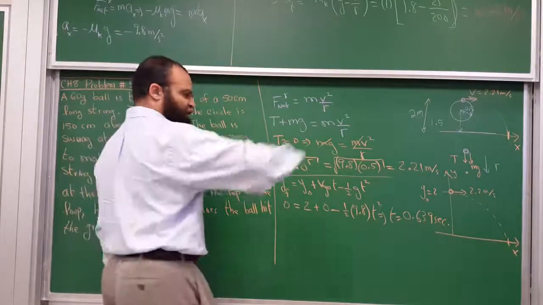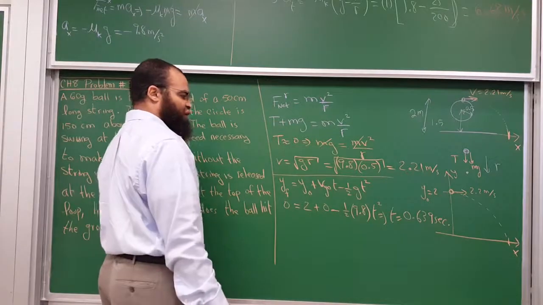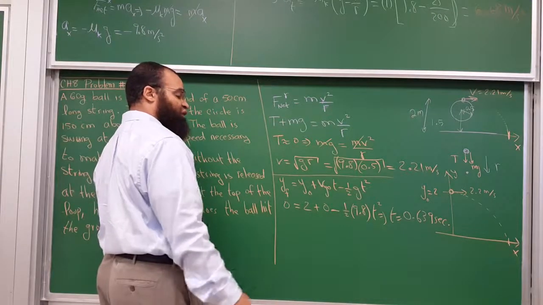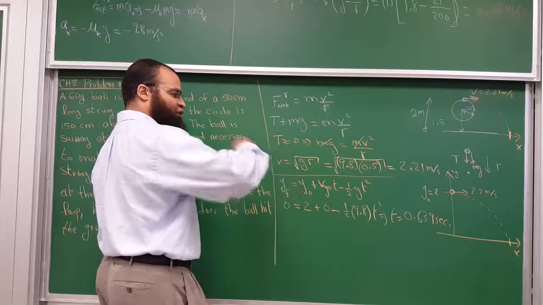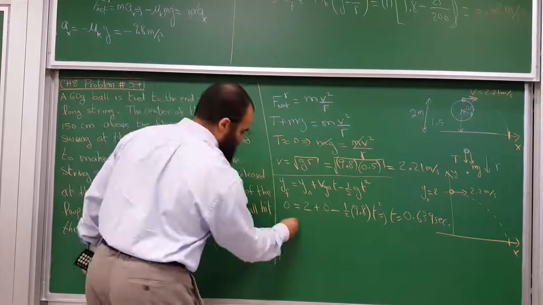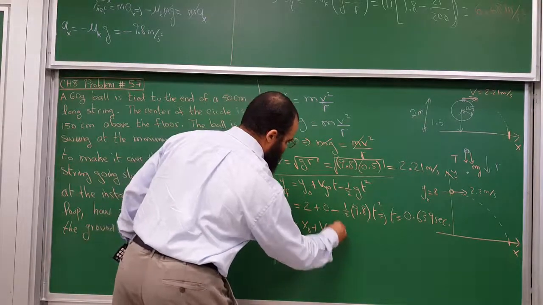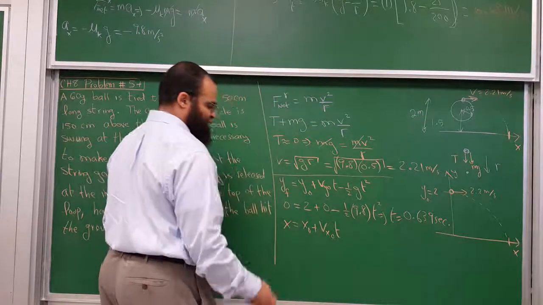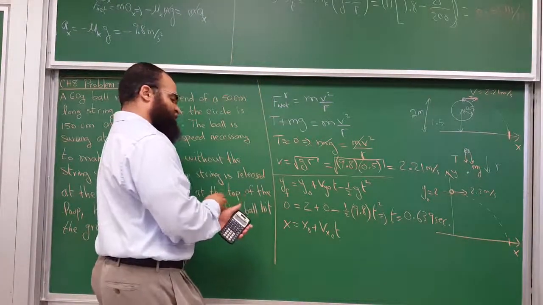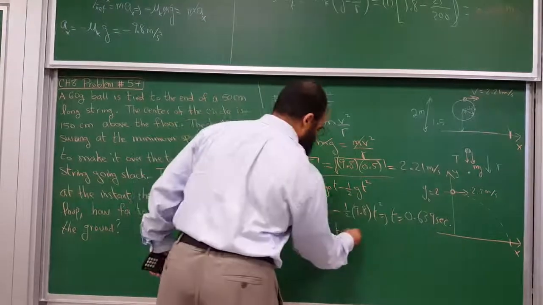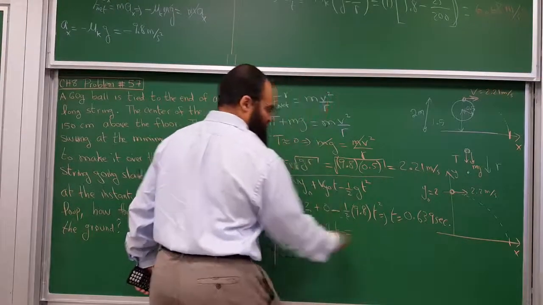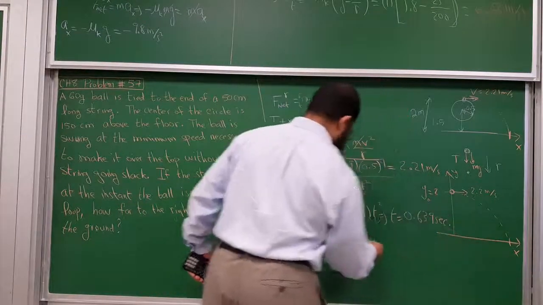And then in the x direction, there is no acceleration. It's just under the influence of the force of gravity, which only acts down. There is no component this way. And so we get x equals x initial plus vx initial times the time plus 1/2 the acceleration in the x direction, but that's 0. Initially, the x position was here, so that's 0.